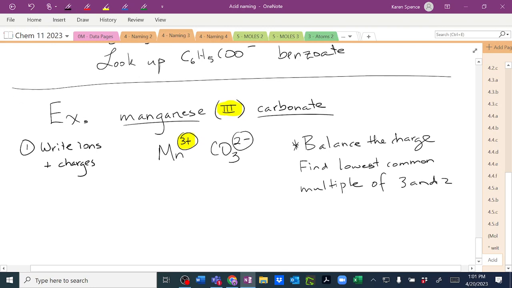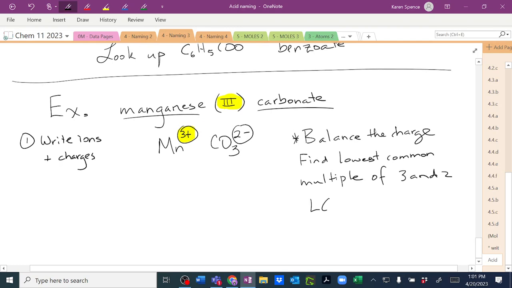What's the LCM of 3 and 2? 6. So we want this to equal 6 positive, and we want this to equal 6 negative. So how many manganeses do we need to get 6 positive? We need 2 of them. And how many carbonates do we need to get 6 negative? 3. You don't have to write this out every time, obviously, but if it helps you, go for it.